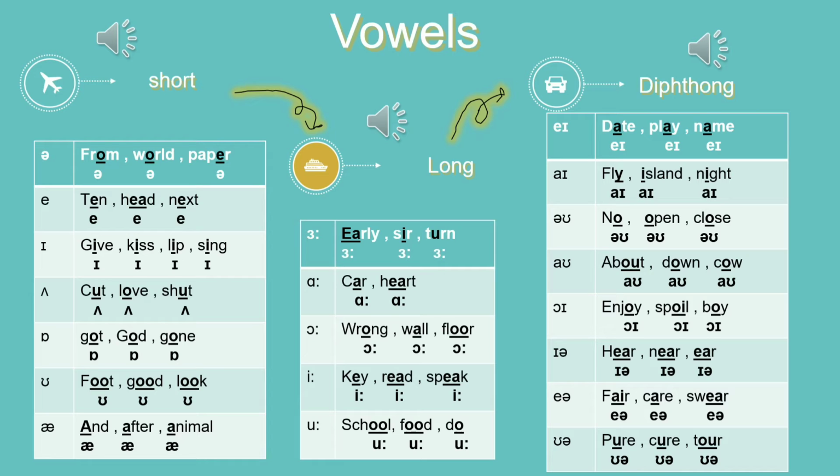Number 4, aʊ. Example: about, down, go. Next is ɔɪ. Example: enjoy, spoil, boy. The next is ɪə.